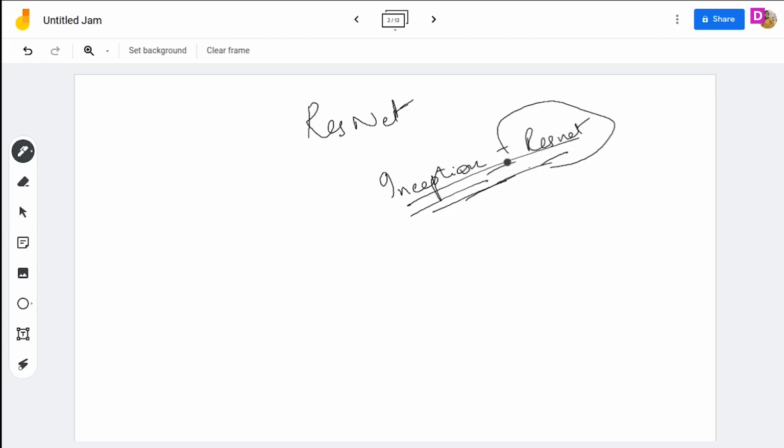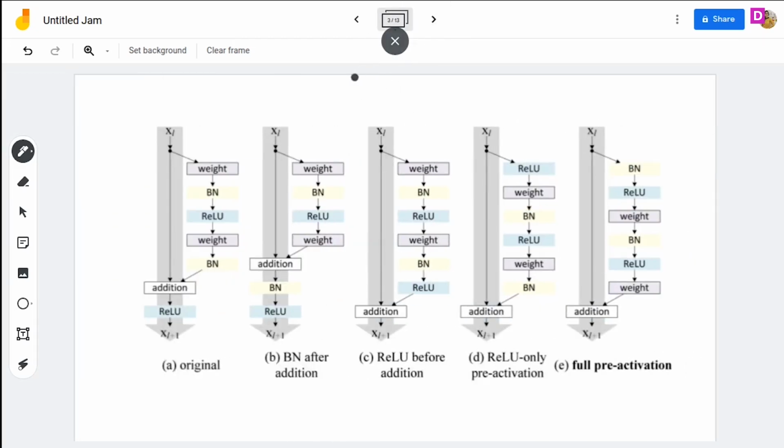We have already discussed it, so we'll not go into the details, but next we'll understand some other things about ResNet. This was in the original paper of ResNet.